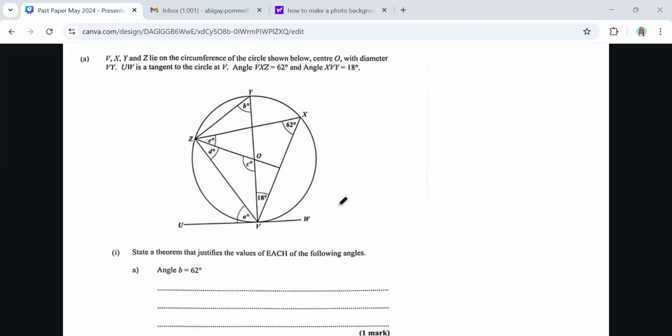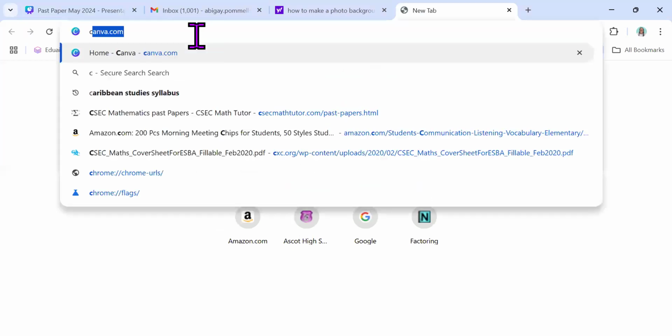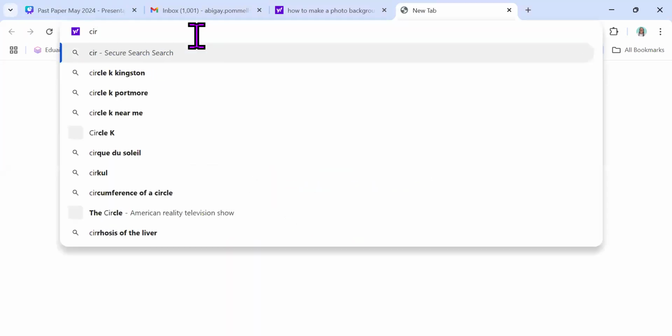So we can take our time right here and come up with some theorems, because they don't give you the list of formulas. You have to know the circle theorems by heart. All right, so let me see if I can pick up a circle theorem paper so you guys can view it.